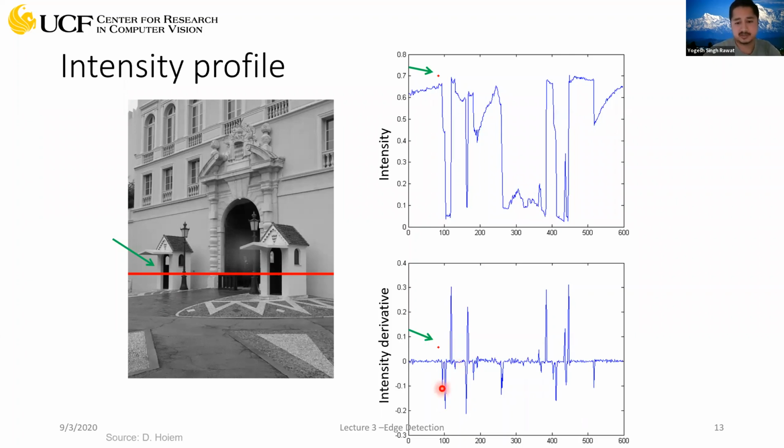All these peaks here represent edges in this particular line. This is just computing edges for this particular line, not the whole image. But of course, if you do this derivative for the whole image, and we know how to do derivative for images, you can get edges for the full image, and that's what we will see today.